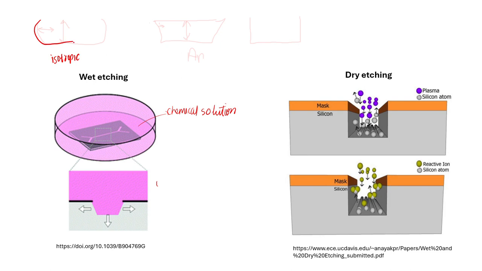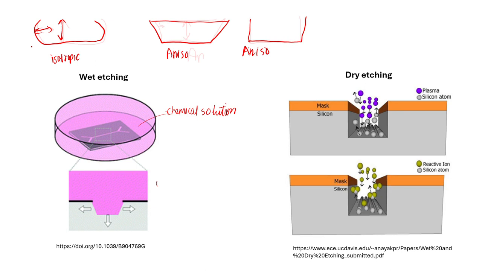In isotropic etching, the etch rate is the same in all directions. In anisotropic etching, the etch is not uniform in all directions, so we can control it and get this kind of profile. In dry etching, we can also get this kind of profile for anisotropic etching.